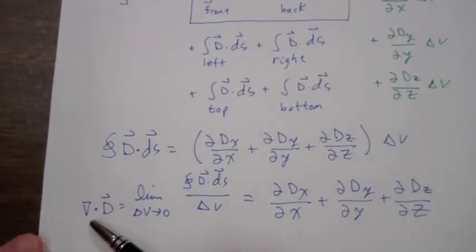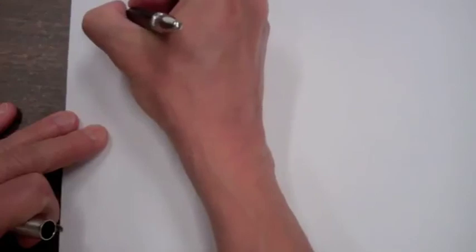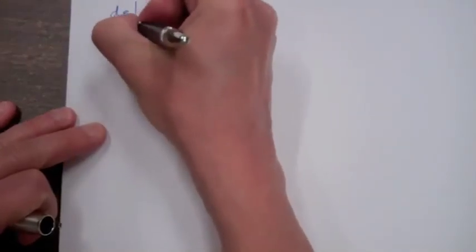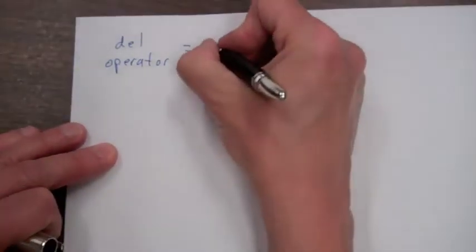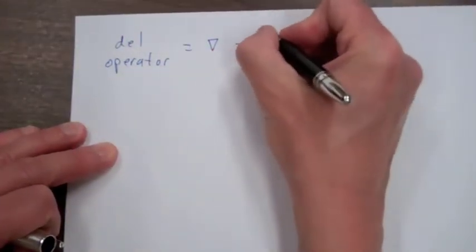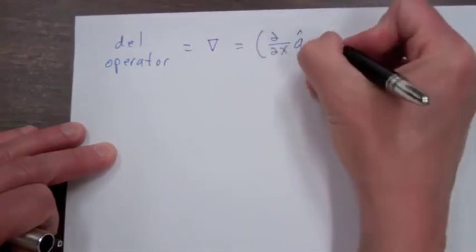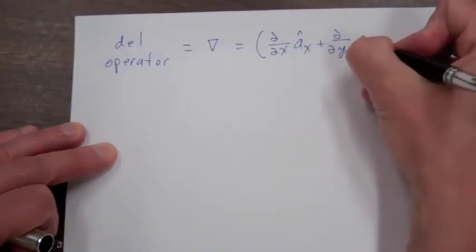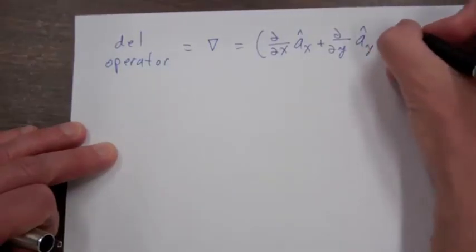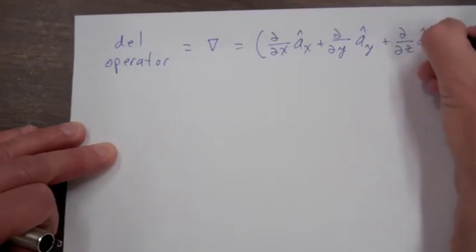Now let's see why we write the divergence as del dot d. So we're going to introduce the del operator. The del operator is given the symbol del, and it's equal to the partial with respect to x times a unit vector in the x direction plus the partial with respect to y times a unit vector in the y direction plus the partial with respect to z times a unit vector in the z direction.